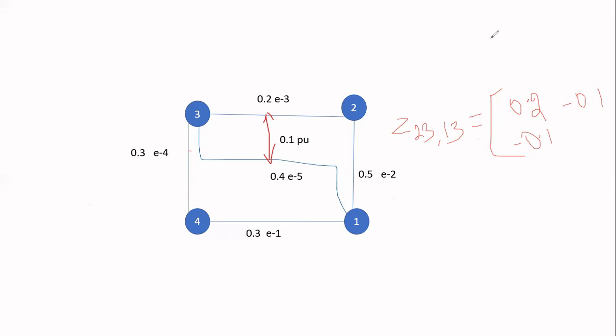That means Z32, plus ZB, which means 1, so Z12, plus Y3132 into ZXI, where X means 3 and I is equal to 2, so Z32.